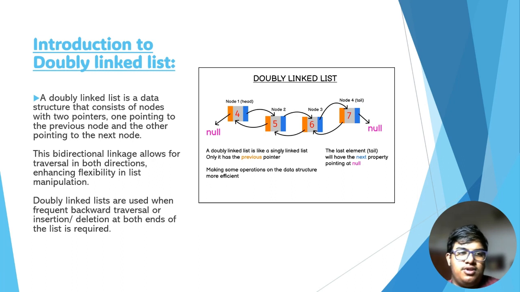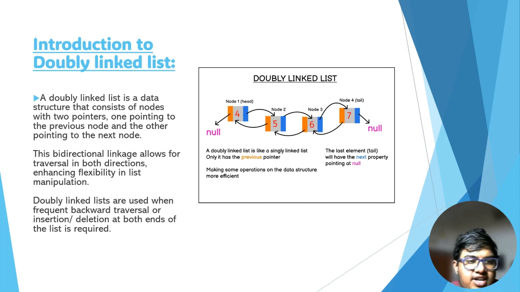Let's move on. Now, since we know linked list, let's talk about doubly linked list. A doubly linked list is a data structure that consists of nodes with two pointers, one pointing to the previous node and the other pointing to the next node. So here you can see instead of one pointer there are two pointers, one pointing to the next one and the other pointing to the previous one.